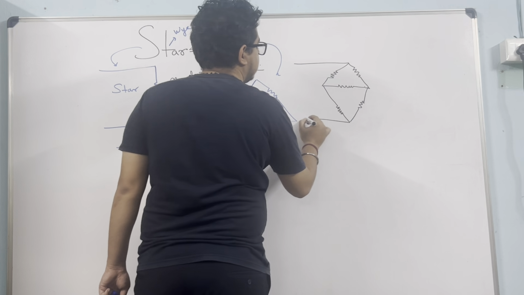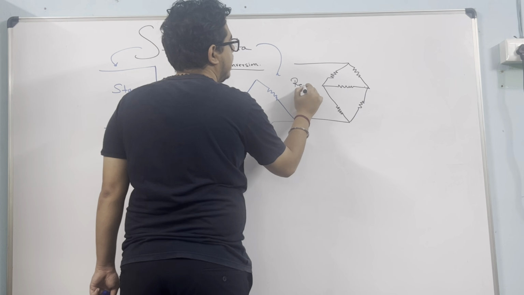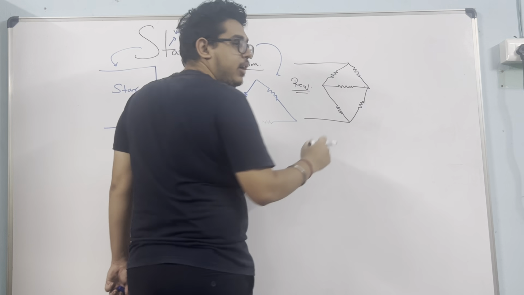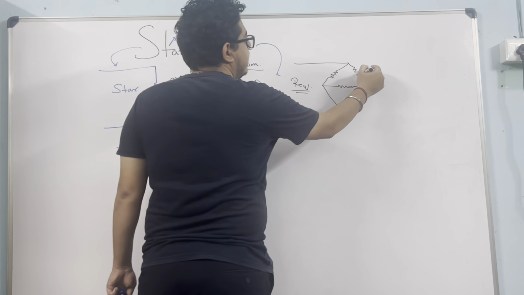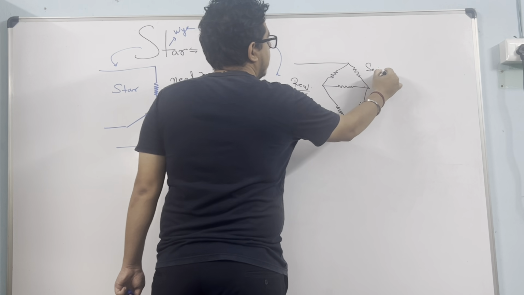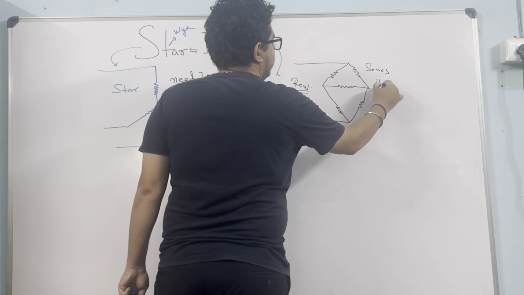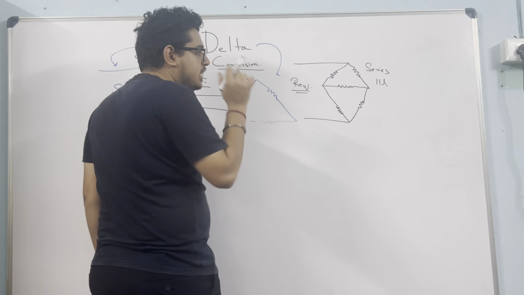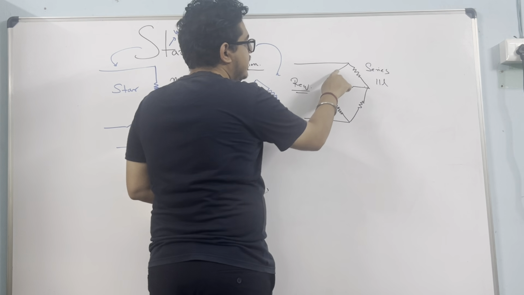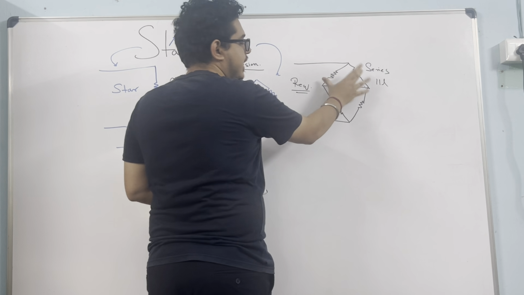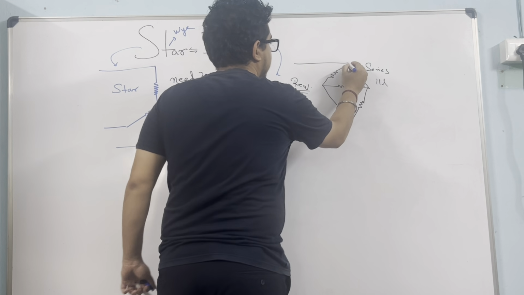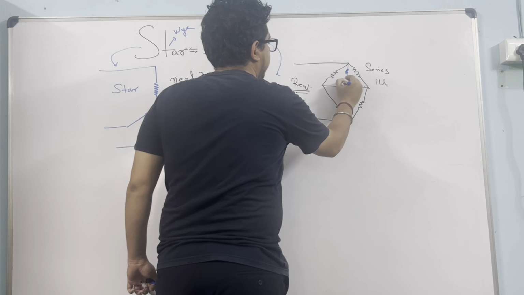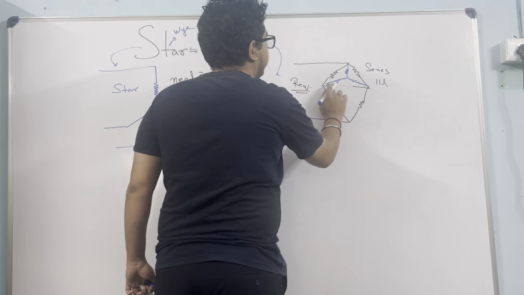Now if someone asks you what is the R equivalent, it is very difficult to find because you can't say which resistances are in series and which are in parallel. So what we can do is convert this delta into star. Then we will have it like this.